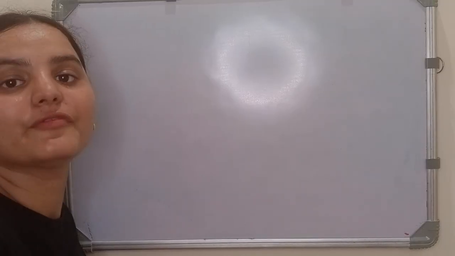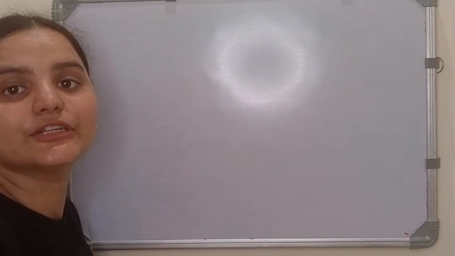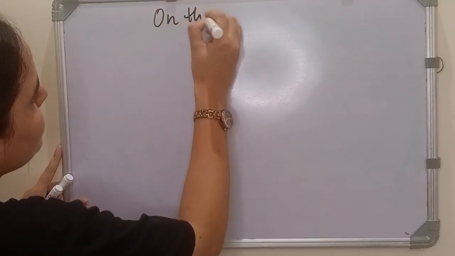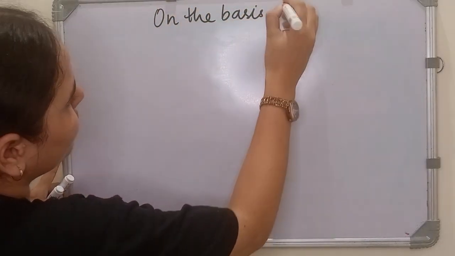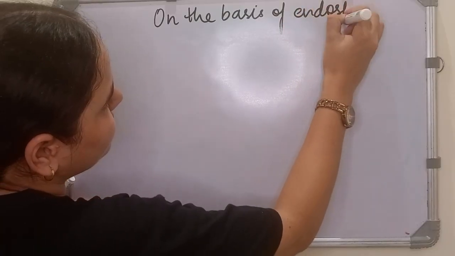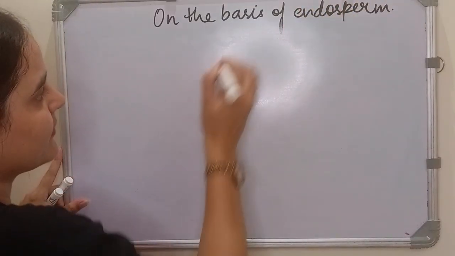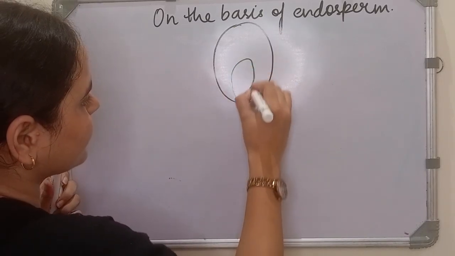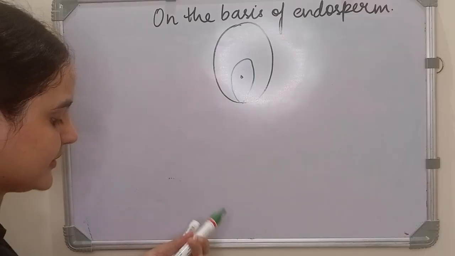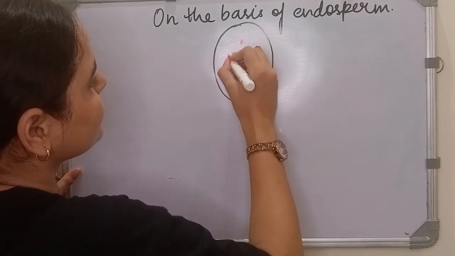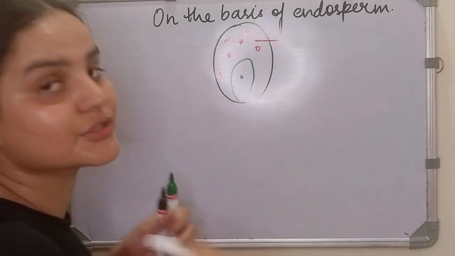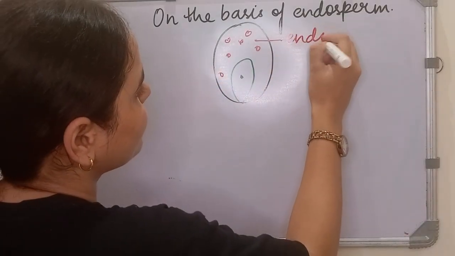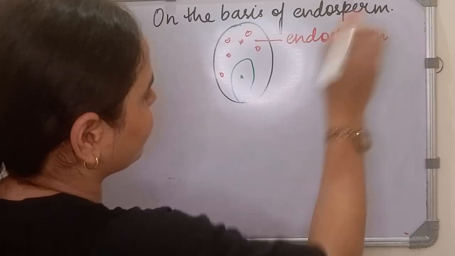On the basis of endosperm, whether it is present or consumed. What was endosperm? Suppose this was the seed. Inside we had our embryo, and this was the endosperm which was storing food and giving nutrition to the developing embryo.